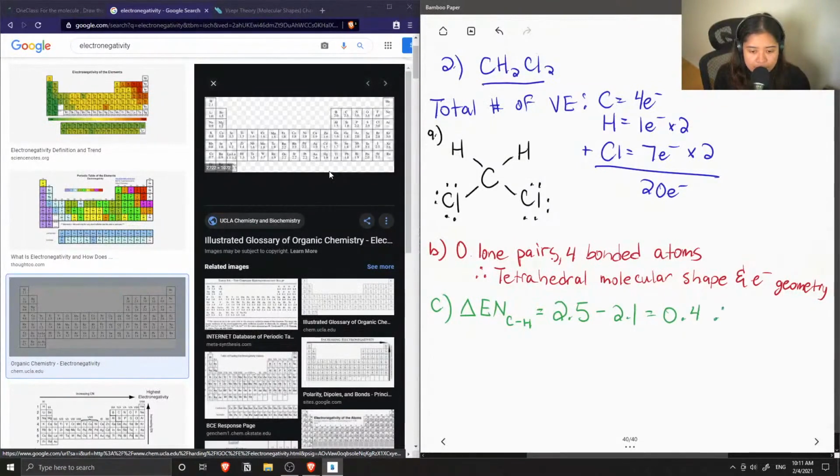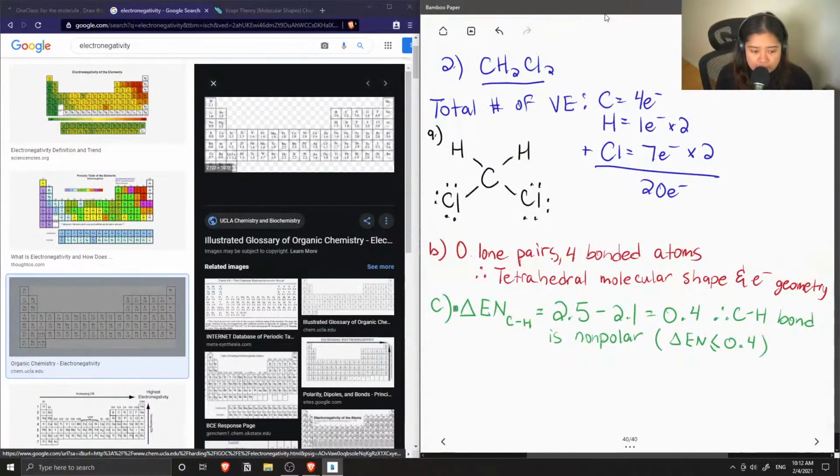So this makes the carbon-hydrogen bond nonpolar. And we know that because their difference in electronegativity is less than or equal to, well, equal to in our case, 0.4.